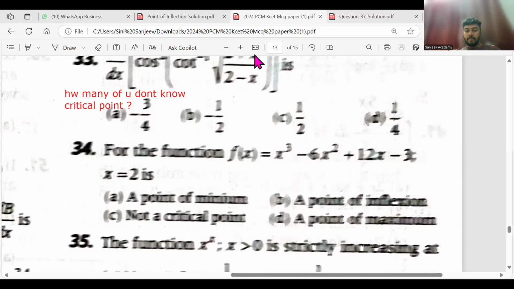If you know, you type you know critical point. If you don't know, you type don't know. What about Anu? Abhi, Pranav just came. It's okay.